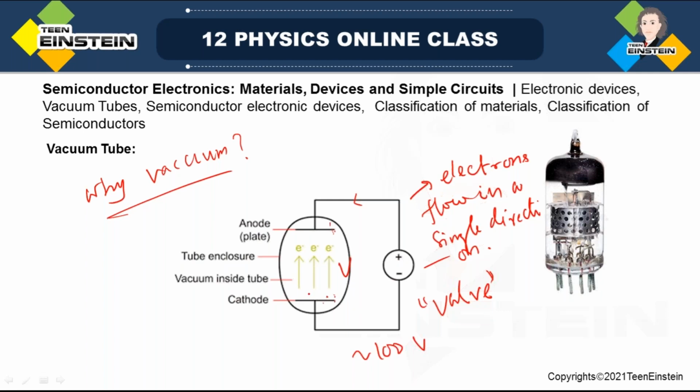Since the cathode is repeatedly heated and cooled, and it is very difficult to maintain the vacuum perfectly, the lifetime is low and they are not reliable. So the lifetime of a vacuum tube is very low.